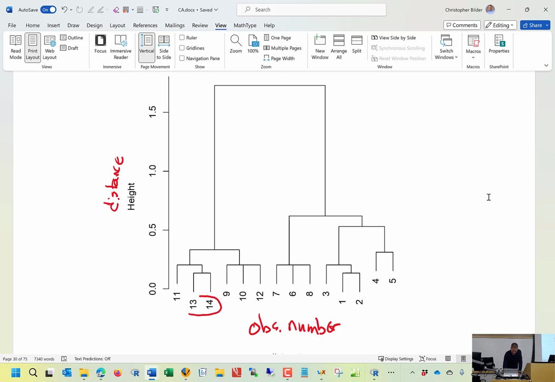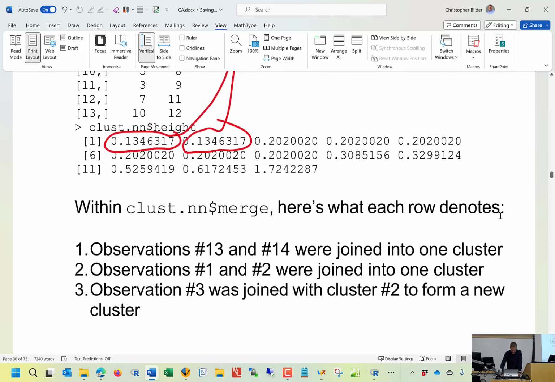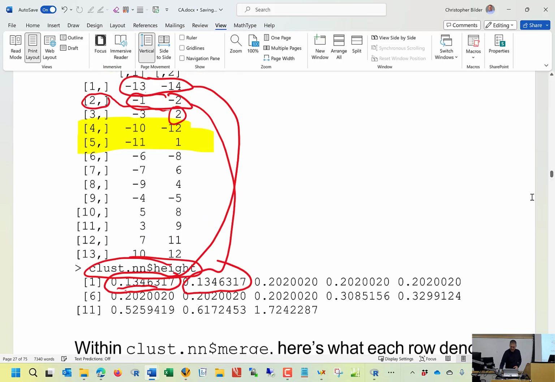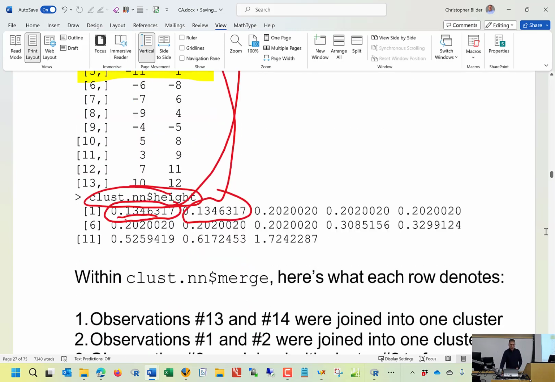So we see 13 and 14 here. It was at a distance of 0.13, I believe. Yeah, 0.1346. And so essentially what R does to do this plot, it extracts these distances, these heights. It also extracts what's in merge, and then uses that to create the plot.